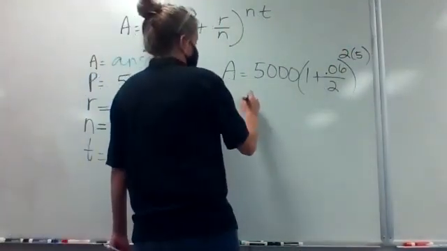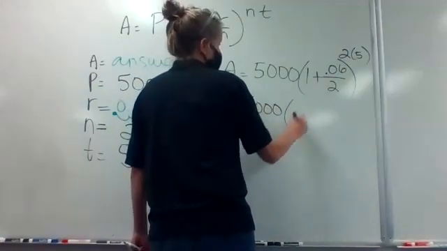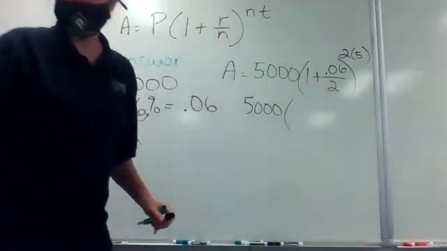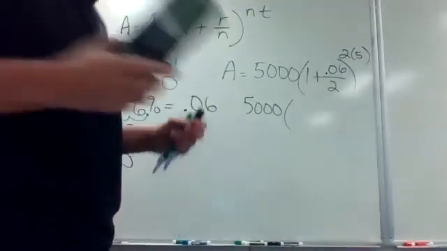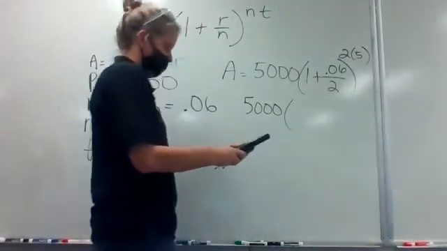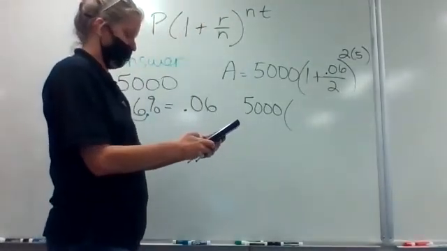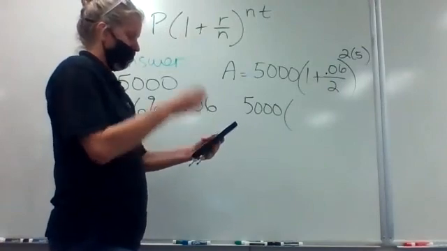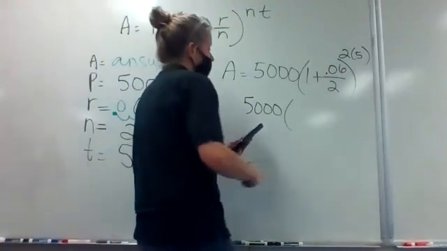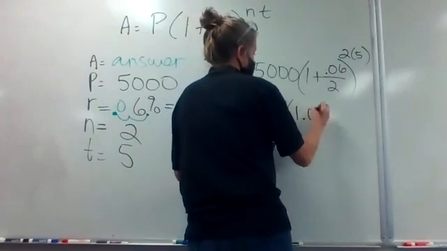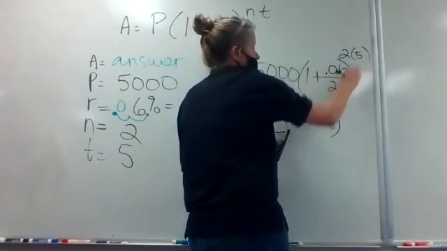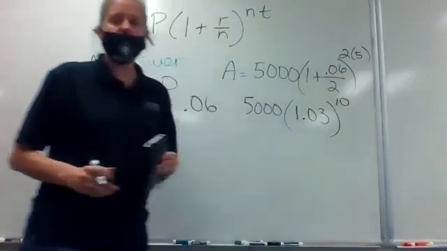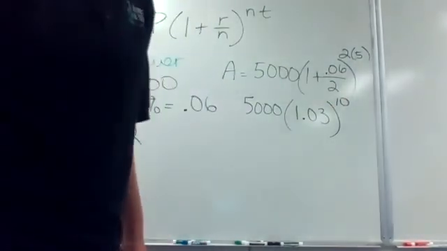So let's see, 5,000. Let's see what that is inside the parenthesis. I've got 1 plus 0.06 over 2, which gives me 1.03. My exponent is 2 times 5, which is 10.